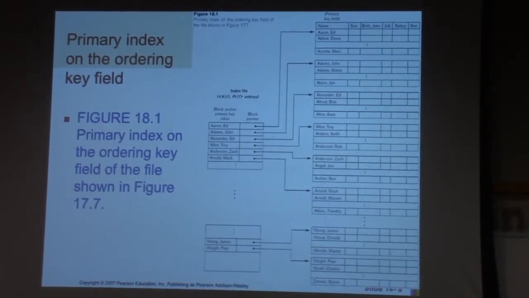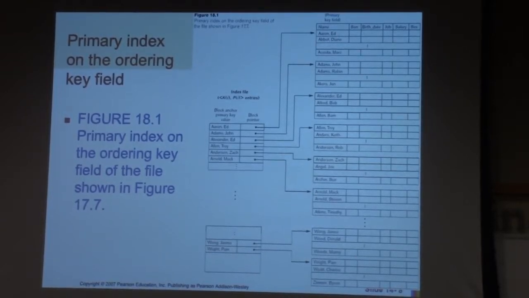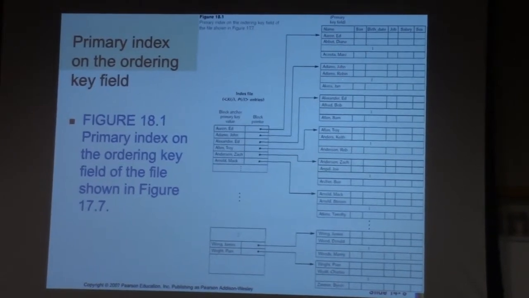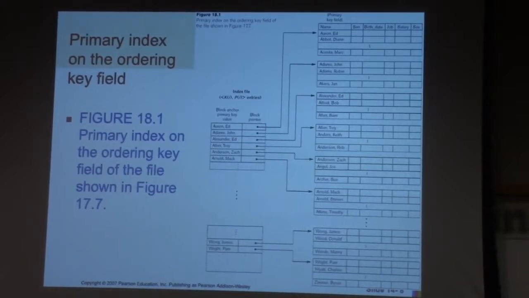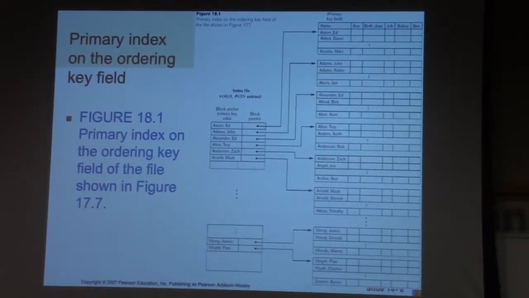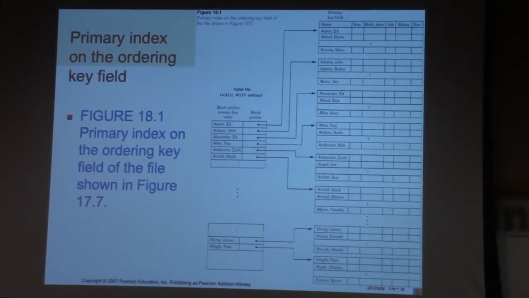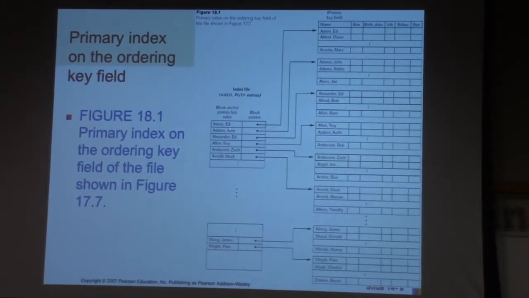However, if you create the index, we don't have to index all these values. Instead, Aaron Add is number 1, Adams John number 2, and Alexander Add 3, one per block. Suppose you search for Timothy Atkins.